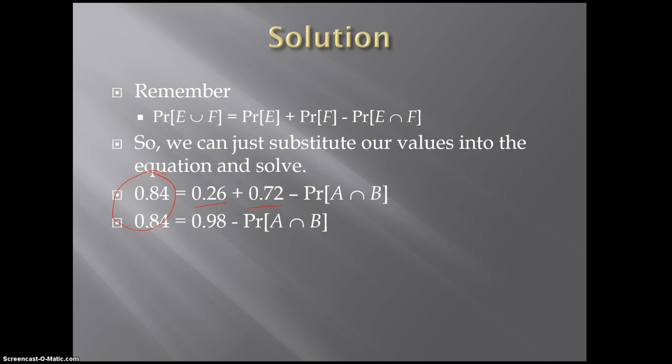So we combine the 0.26 and the 0.72, and then we subtract it over the other side. Now here's where a common mistake occurs. Notice that right here we have a minus and a minus and a minus, right? So when we subtract this 0.98 from over here, we do get a negative, and no, it's going to end up being positive, because if this side's negative and this side's negative, when you divide, you're going to get positive. So the probability of A intersect B is going to be equal to 0.14.